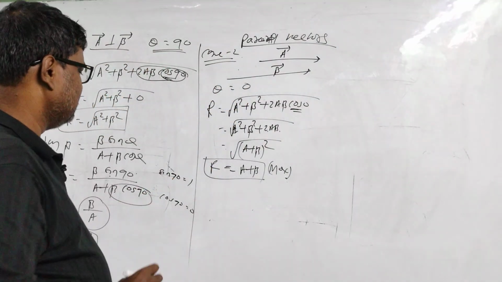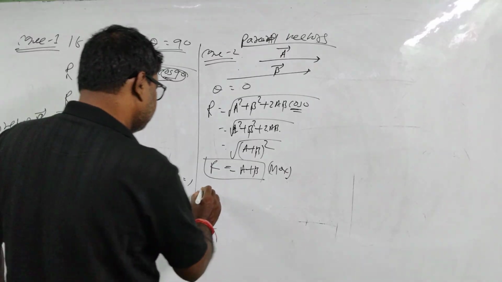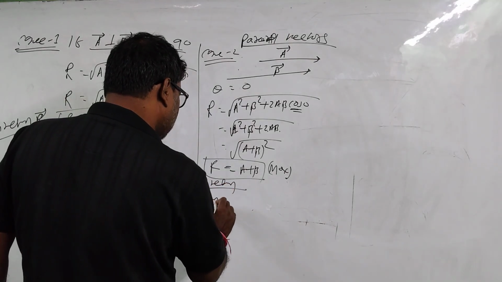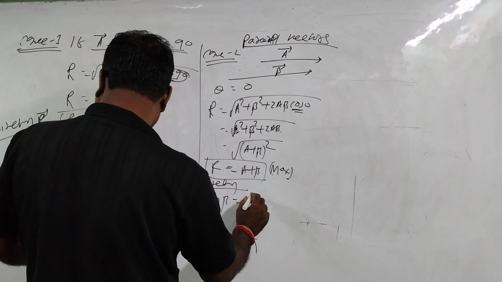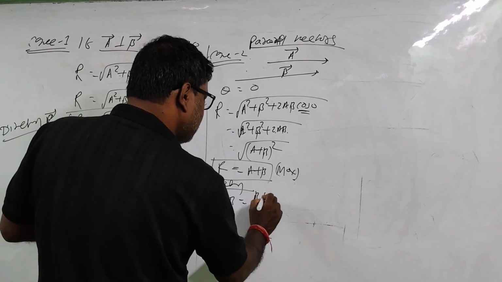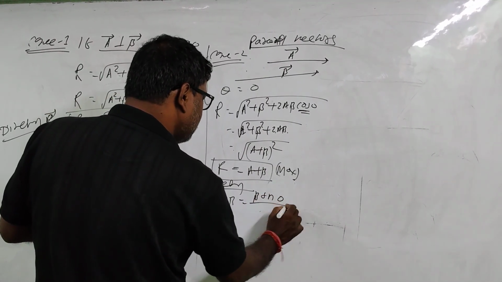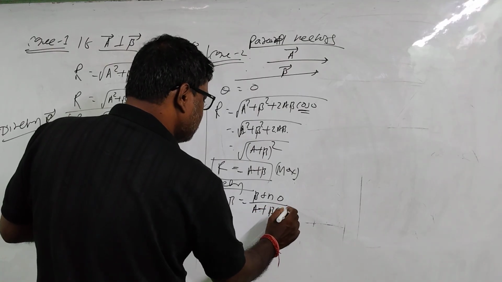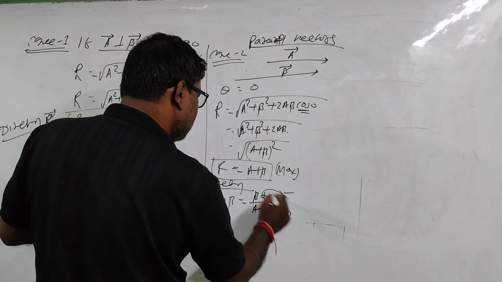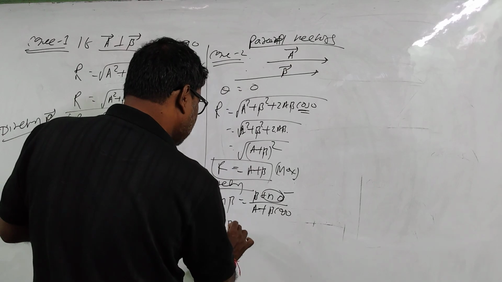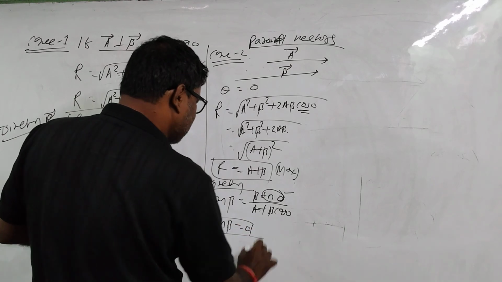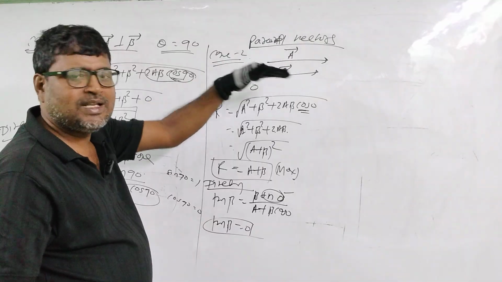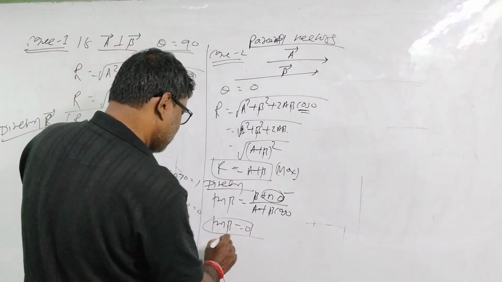In this case, the direction: tan beta equals B sin 0 by A plus B cos 0. Sin 0 is 0, so the total term is 0, tan beta equals 0. So the direction is the same as the two vectors.